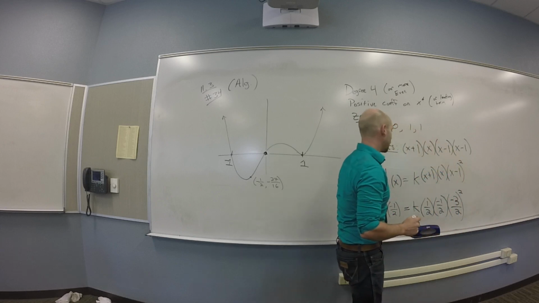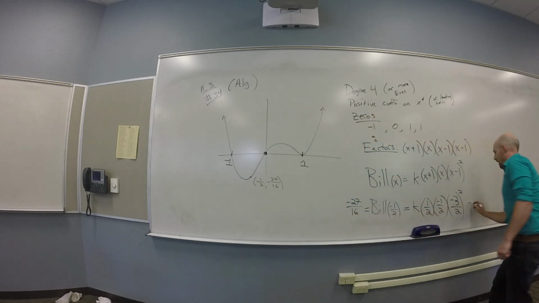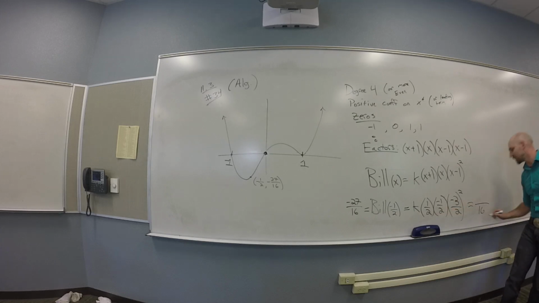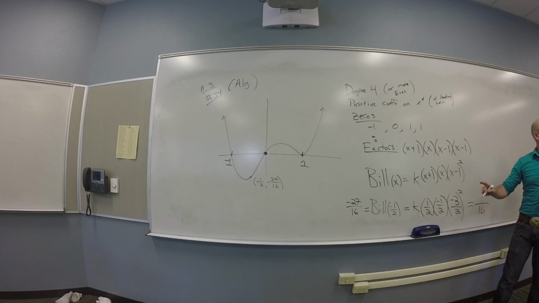Okay, so all told, I got 1, 2, 3, 4 twos on the bottom, so I got an over 16. That matches. And on the top, I got a k times 9.